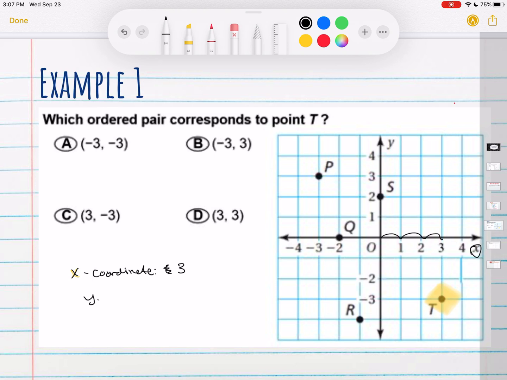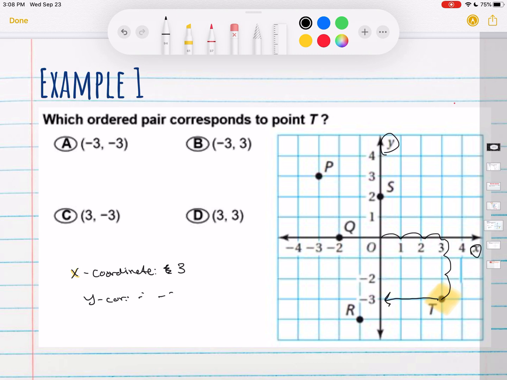What about my y-coordinate? Let's see, my y-axis, remember that's my vertical one, the up and down one. So we want to know how far up or how far down it is. Well, T is 1, 2, 3 down. And if we look over here, it's at -3.